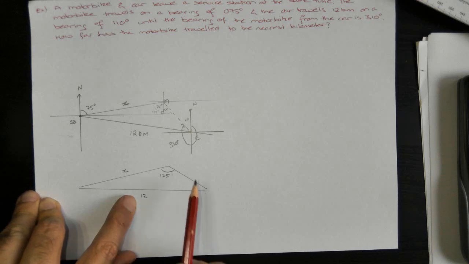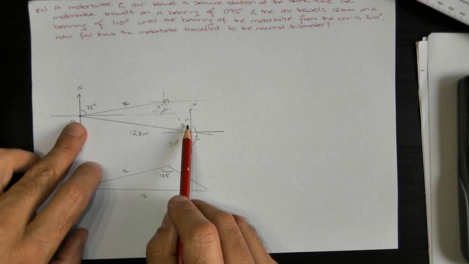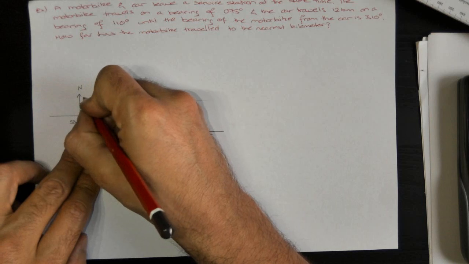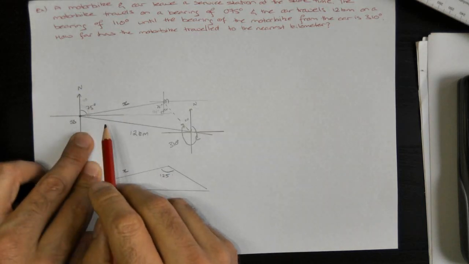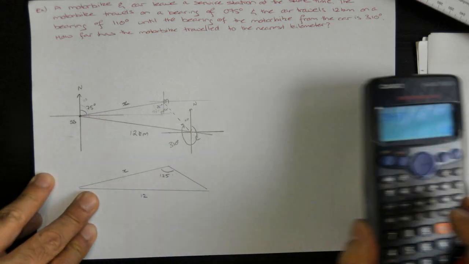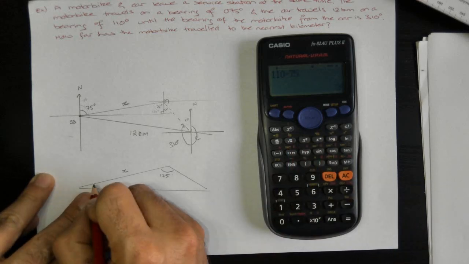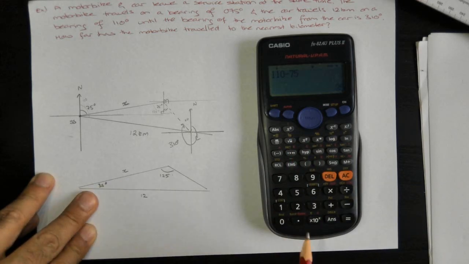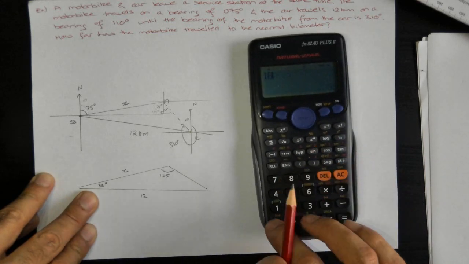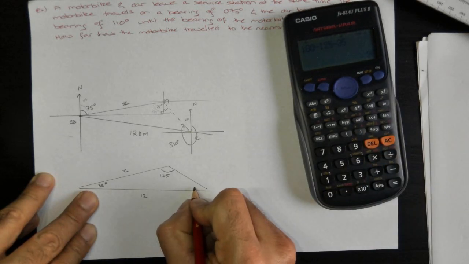Do I have this angle here? So 110 minus 75 gives me 35 degrees here. 180 in a triangle, minus 125 minus 35 gives me 20 degrees here.